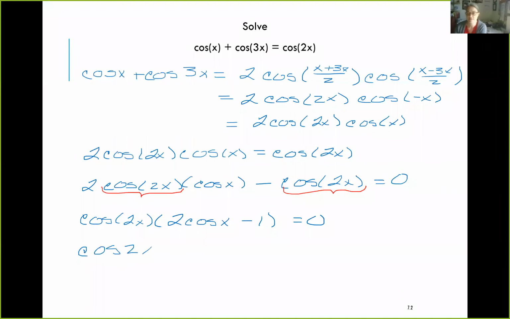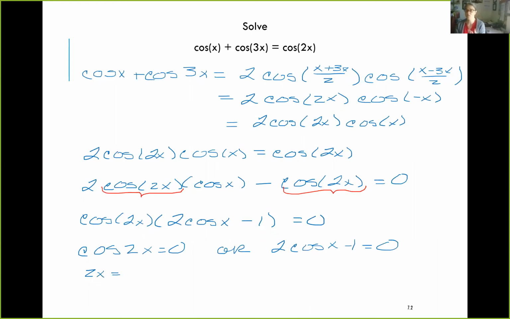2x equals 0, or 2 cosine x minus 1 equals 0. For the first, we're looking for places where 2x equals the inverse cosine of 0.